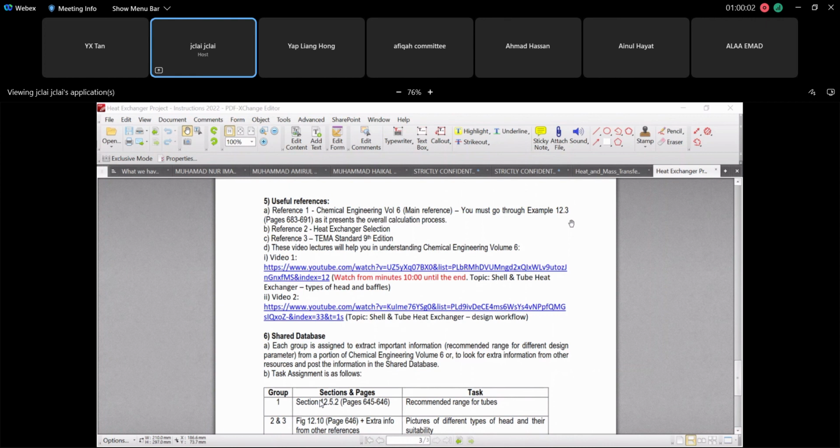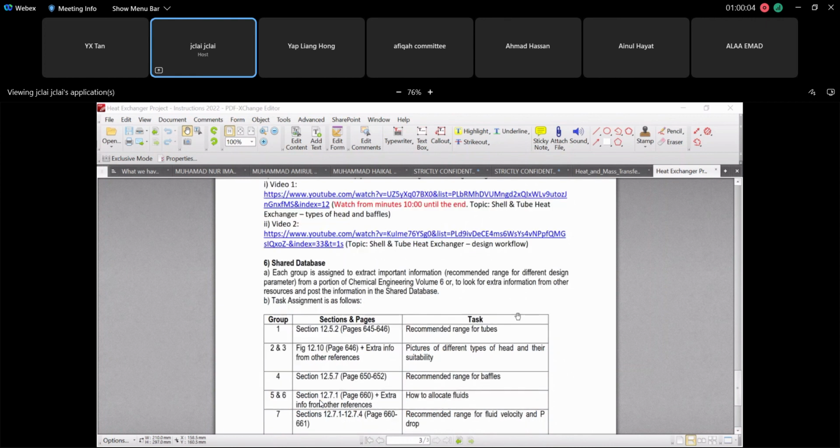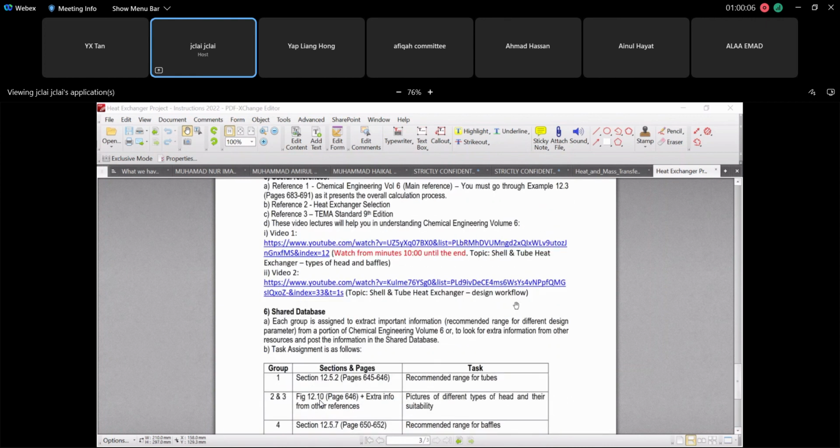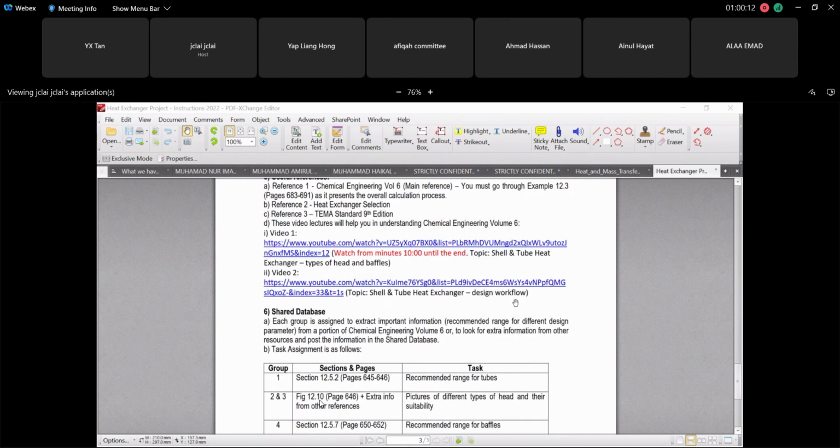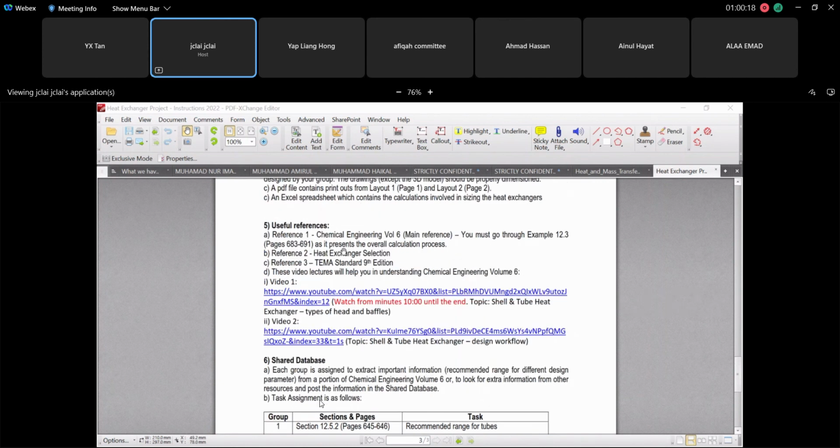Actually, we have already provided all this information. We tell you which page to which page. But in order to really test whether you have good reading skill, we could only give you the whole book, Chemical Engineering Volume 6, and you go through it yourself and extract the useful information.